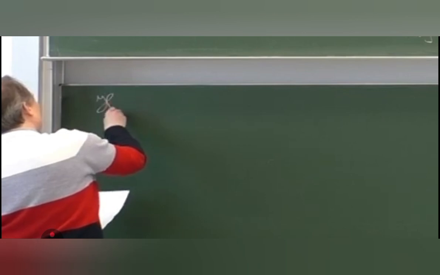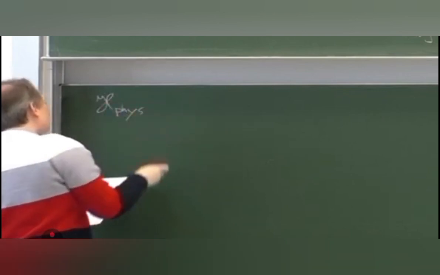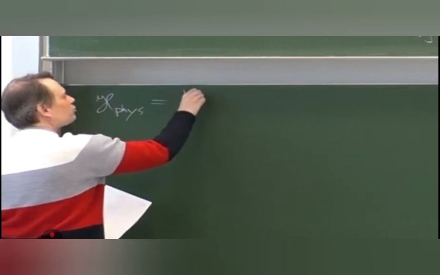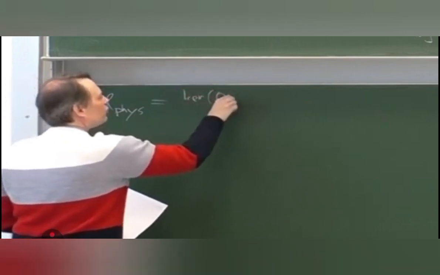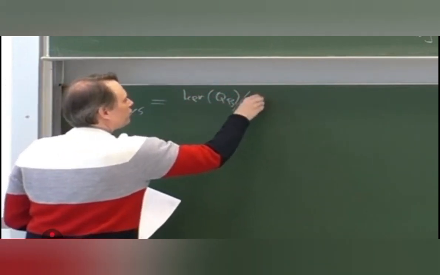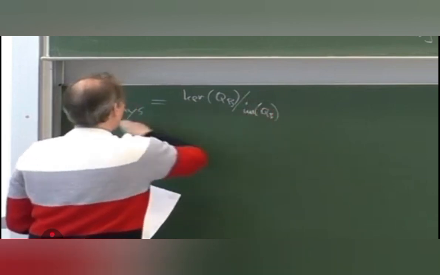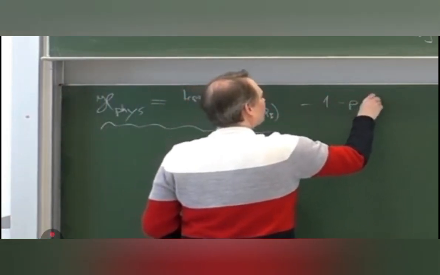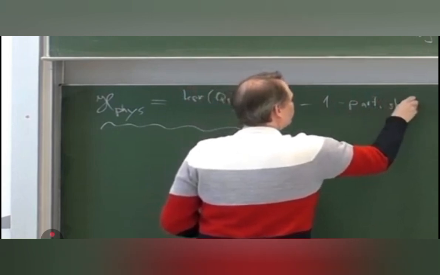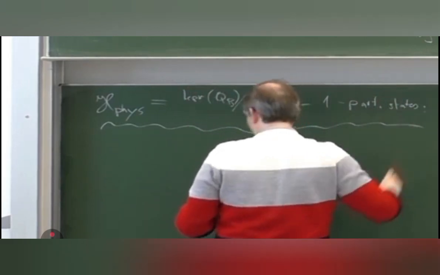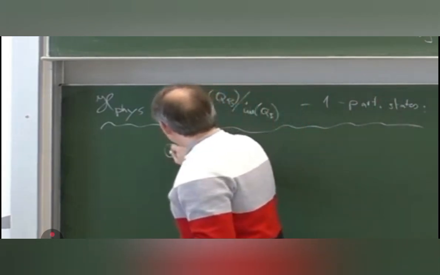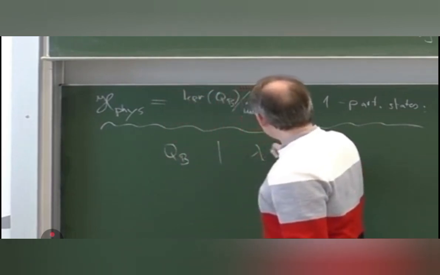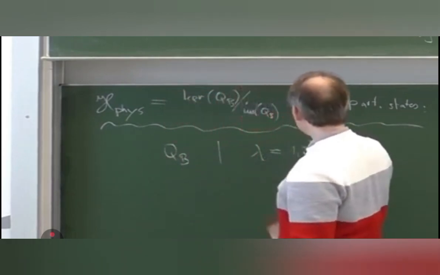And this would be a one particle representatives of our physical Hilbert space, which is the quotient space of the kernel of QB divided by the image of QB. As I said, let's only look at one particle states. So QB of the vector field states with transverse polarizations lambda equal 1 and 2.